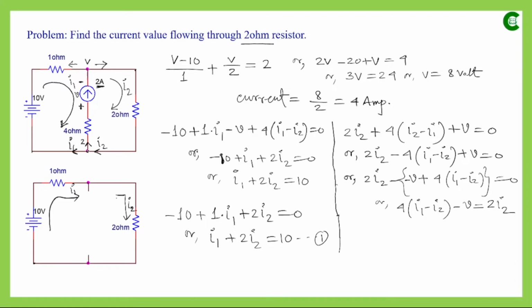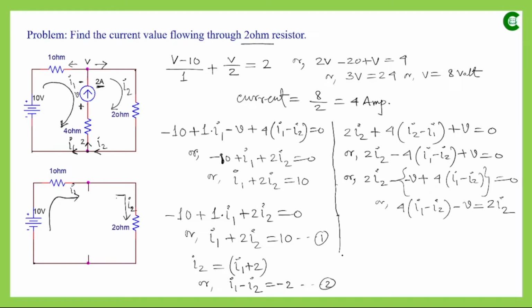If we apply KCL at this node, this is one incoming current and these two are outgoing currents. The summation of all the incoming currents, which is I2, is equal to the summation of all the outgoing currents, I1 plus 2. So the second equation will be I1 minus I2 equal to minus 2.